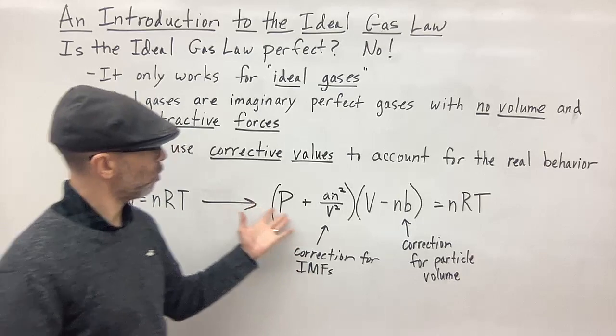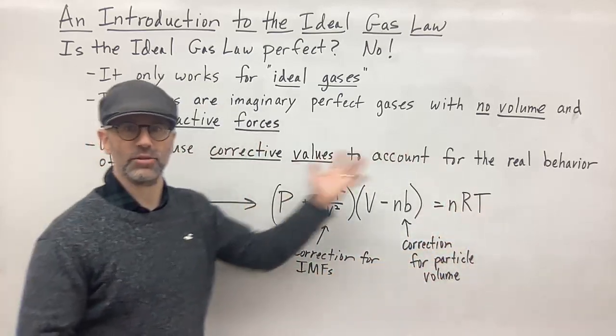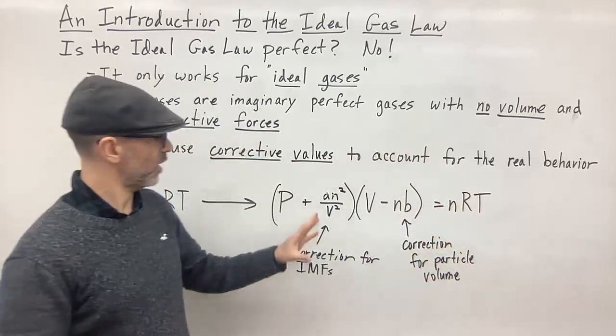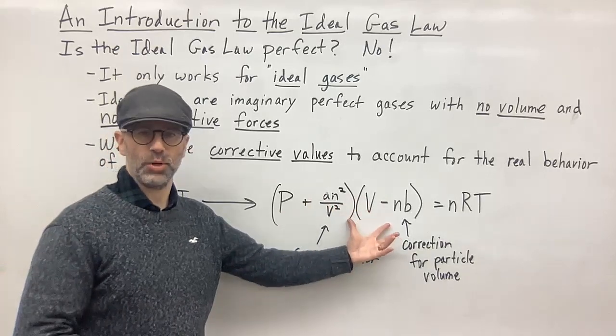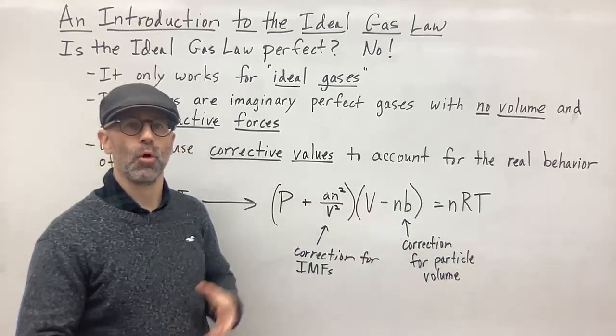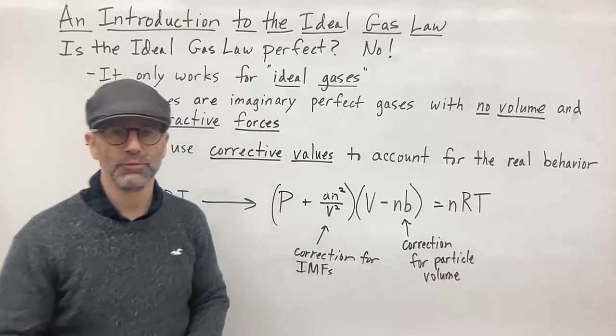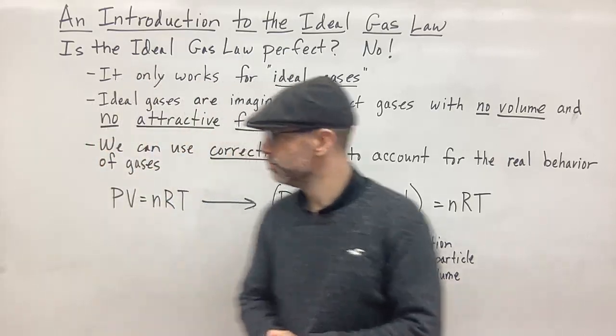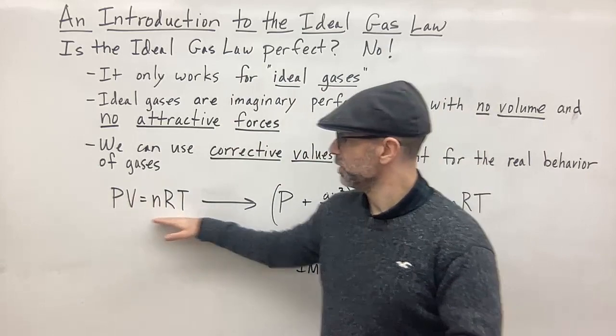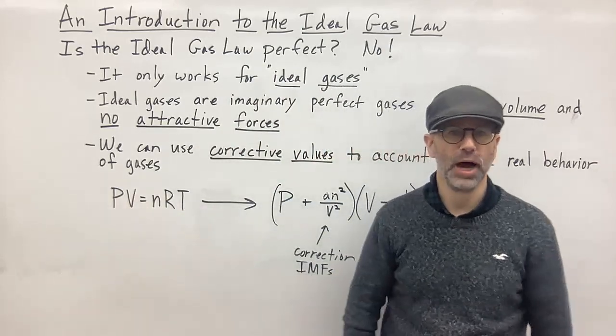So this would be more of the real gas law. This is what we would use if we wanted a more realistic measure of gases. But for normal purposes, PV equals nRT is perfectly fine.